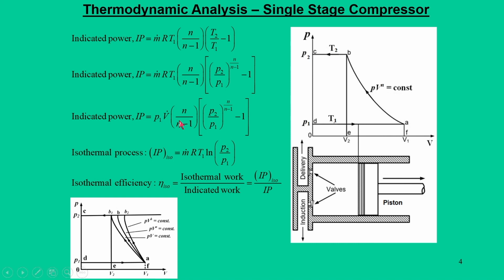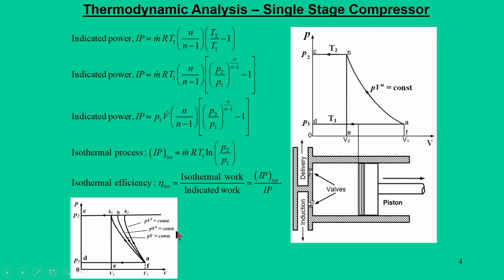Another important aspect is that an ideal compressor would be the one which consumes minimum work. From the curve we have seen there are two extremes. That means a compression process goes from A to B, which is a normal process, and follows the law P v to the power n is equal to constant.